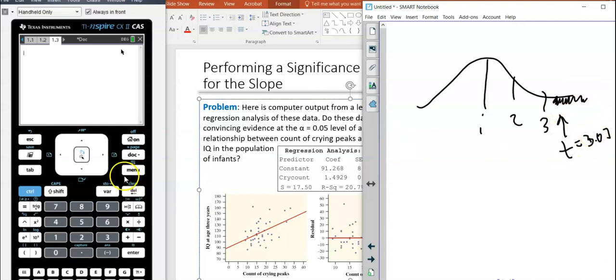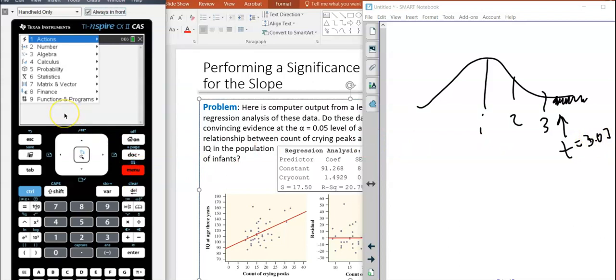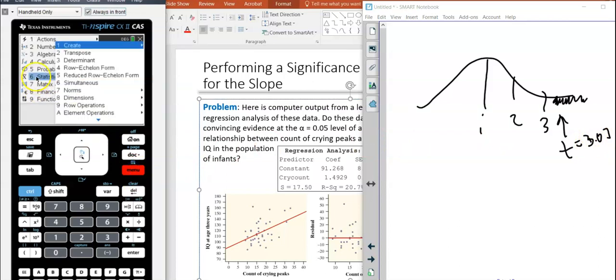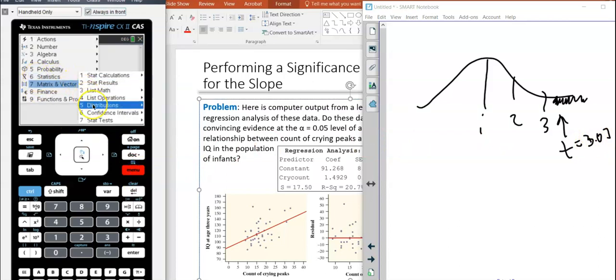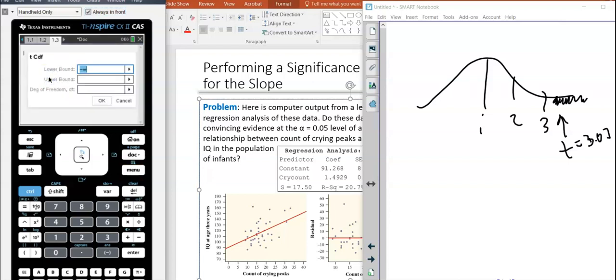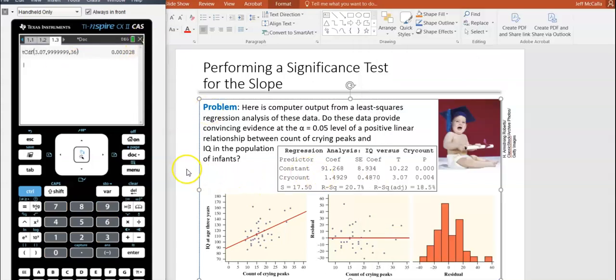If you get your calculator out and go menu 6, 5, and go to tcdf, your lower bound is 3.07, upper bound infinity, degrees of freedom, I think, was 36. So you get 0.002, the correct p-value. Again, that's 0.004 divided by 2. If you did use tcdf, it's a way to double check your work. I just want you to know that.